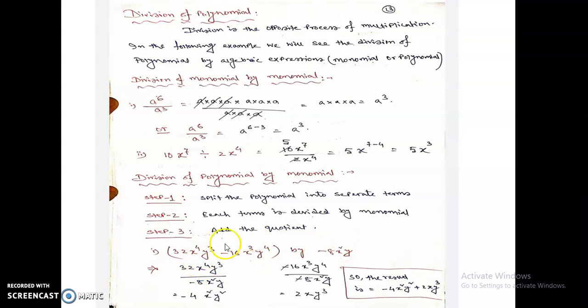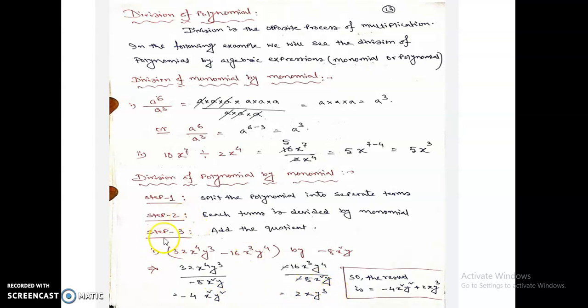So separately we are dividing the two terms with minus 8x square y. So 32x4 y cube divided by minus 8x square y, similarly minus 16x cube y4 divided by minus 8x square y. The first one will give us the result minus 4x square y square. The second one will give us the result 2xy cube. So the ultimate result of the division will be minus 4x square y square plus 2xy cube.